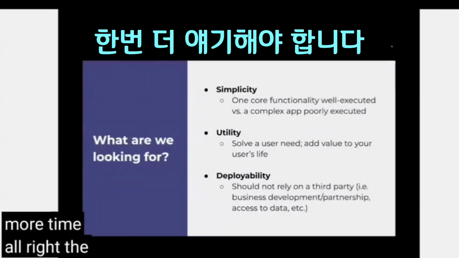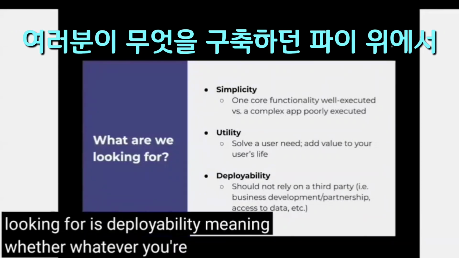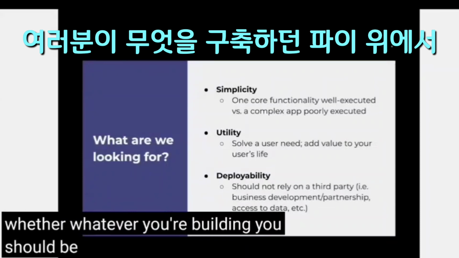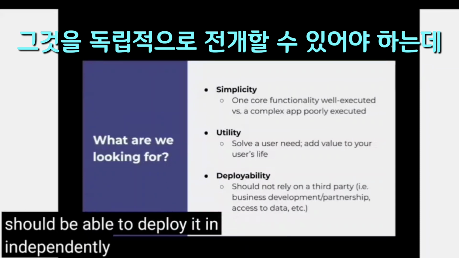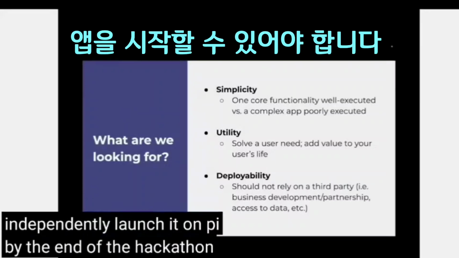The third thing that we're looking for is deployability, meaning whatever you're building, you should be able to deploy it and independently launch it on Pi by the end of the hackathon.